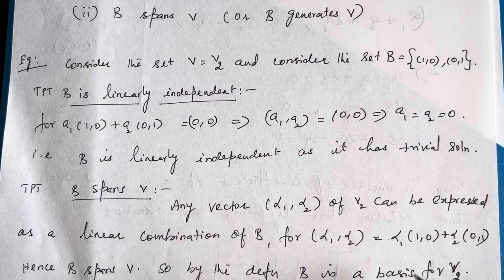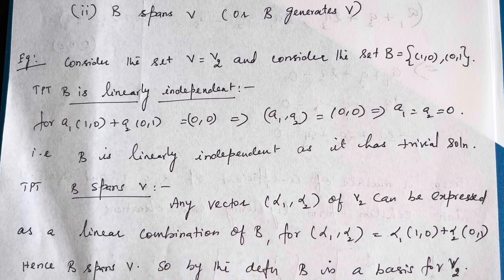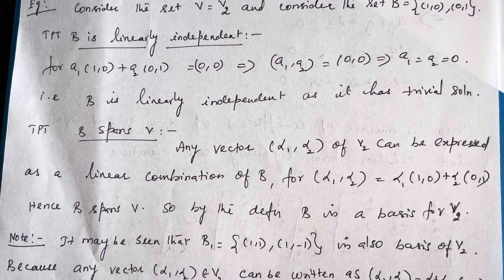That means if I choose any vector from V2, that is (alpha 1, alpha 2), I am able to express this vector in terms of the given subset, which is (1, 0) and (0, 1). So any vector can be expressed as a linear combination of the given subset B, that is L of B is equal to V. Therefore B spans V. So by the definition, B is the basis for V2.